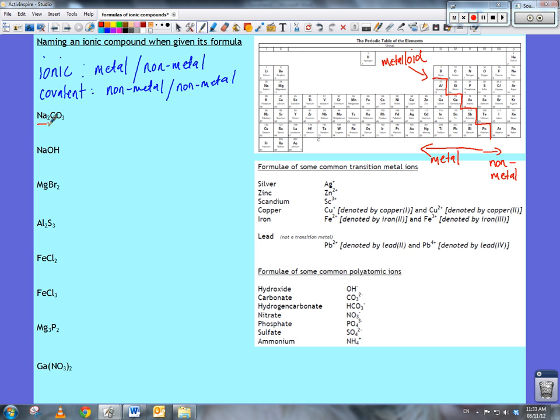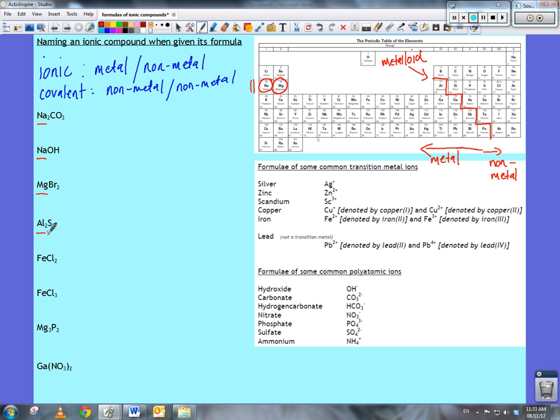Well, we've got the symbol Na here and here. If we look in group 1 of the periodic table, we'll find Na, and it's called sodium. And sodium is on the left-hand side of the periodic table, so it's a metal. Magnesium, over here, that's in group 2 of the periodic table. Mg, that's also a metal. Look at the symbol Al.